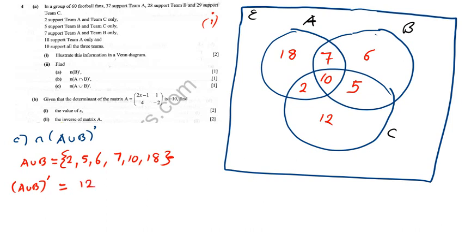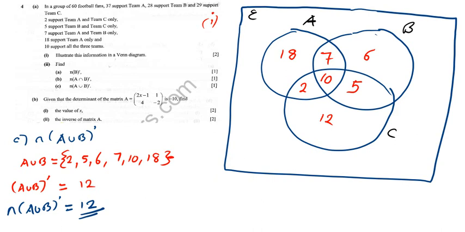So the number of A union B complement is simply 12, because there is no other number to add. So that's it for this question.